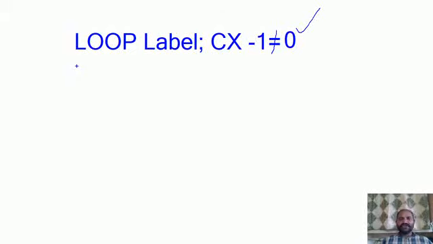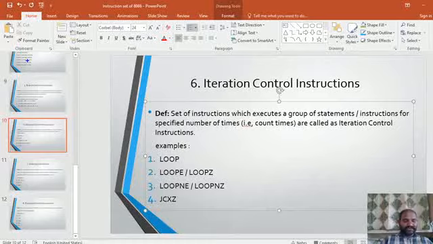For that, I'll take one simple example for this explanation. I'm performing MOV AL, 03h, and MOV BL, 03h only.